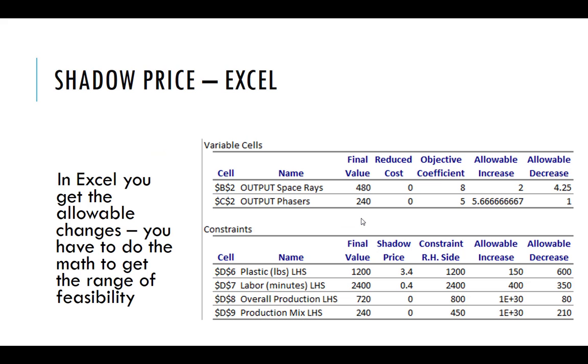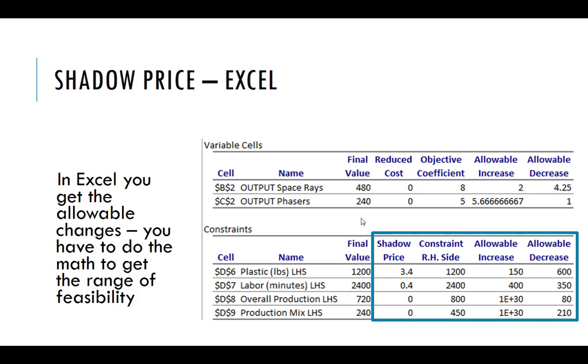In Excel, in our output here, we're focusing on the bottom part now, the constraints, and we see the shadow price for plastic in pounds is 3.4. For labor it's 0.4. The $3.40 is the profit I could make if I had 1 additional pound of plastic, and it is good for another 150 units that we could increase it.